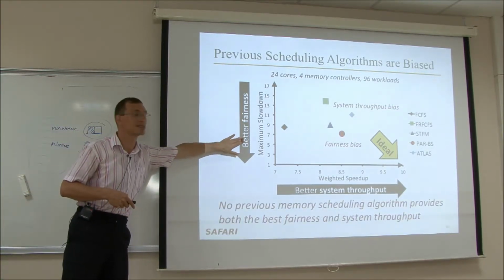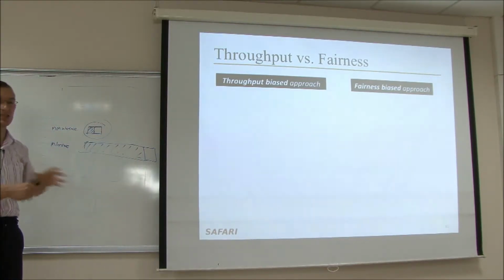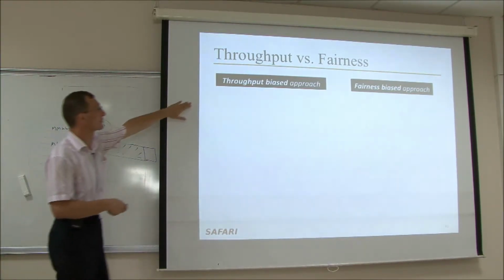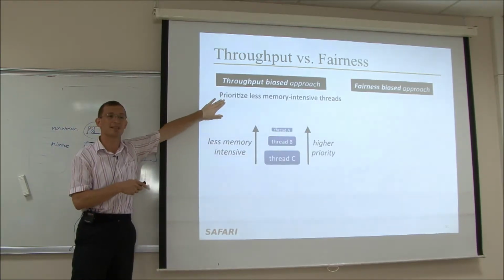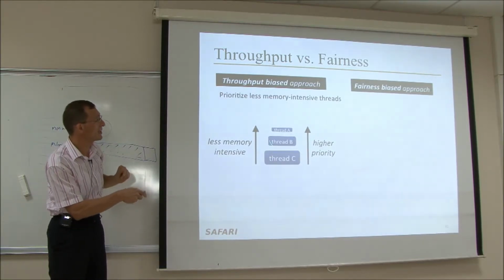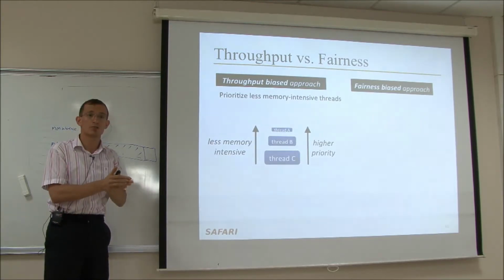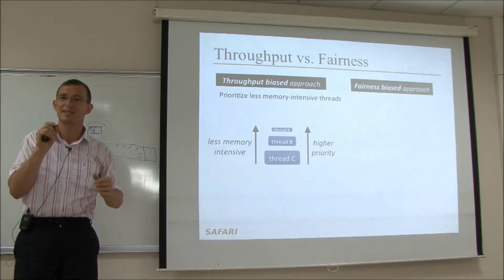Let's take a look at how these different policies operate at some level. The throughput biased approach says you would like to prioritize less memory intensive threads to maximize system throughput. Why? Because a thread that's not memory intensive has the most potential to make progress in its core and keep it utilized, right? Again, if it has a single request, after that it keeps its core utilized for a long time.